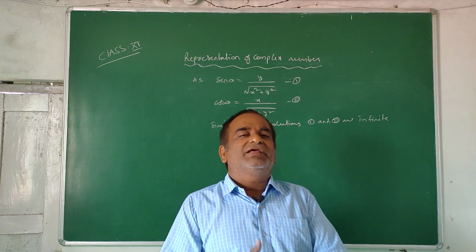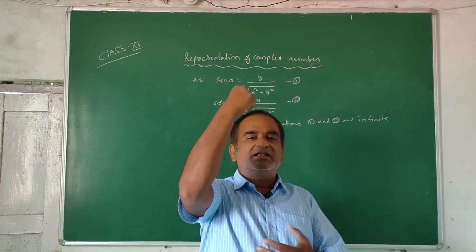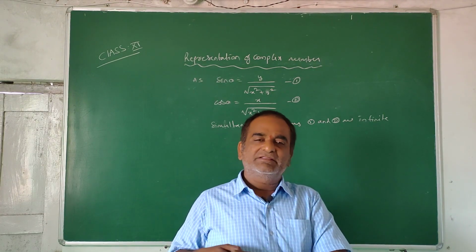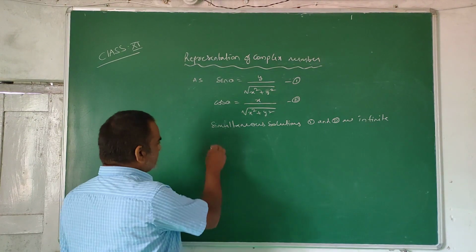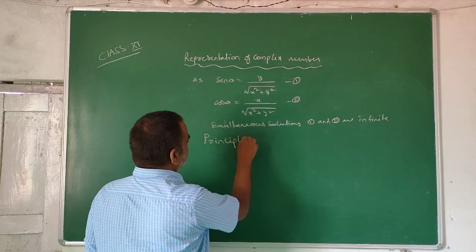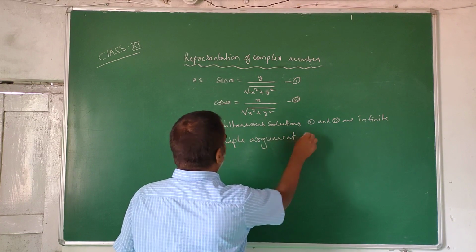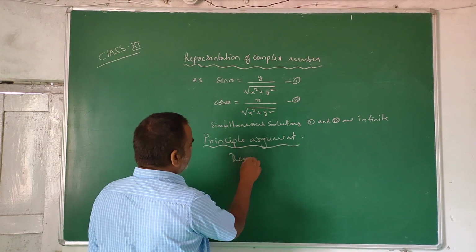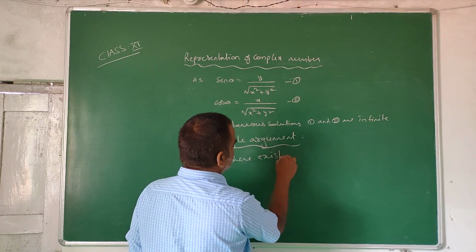Within the limits only they want to search the argument, so that they can successfully find only one argument within the limits. So that is called principal argument. So now we are talking about principal argument. Principal argument means there exists only one argument, there exists only one theta.